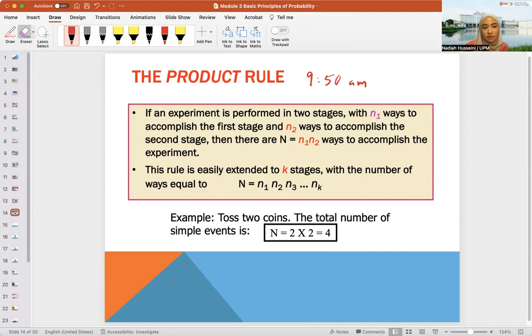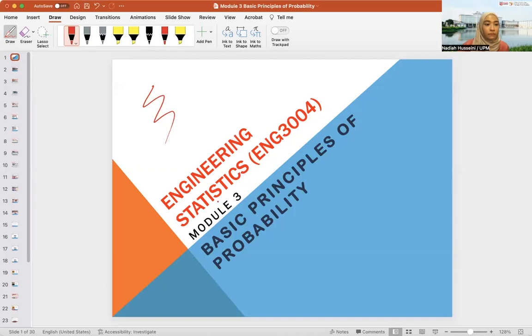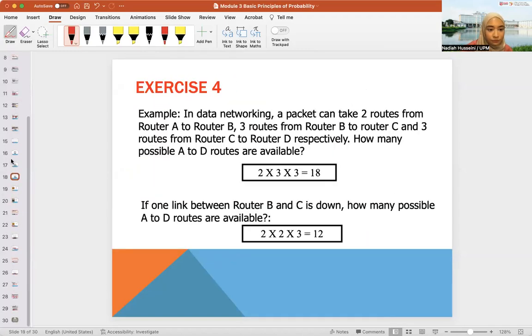Oh my God, it's not detecting. Pause recording. Okay, sorry about that. Let's continue.